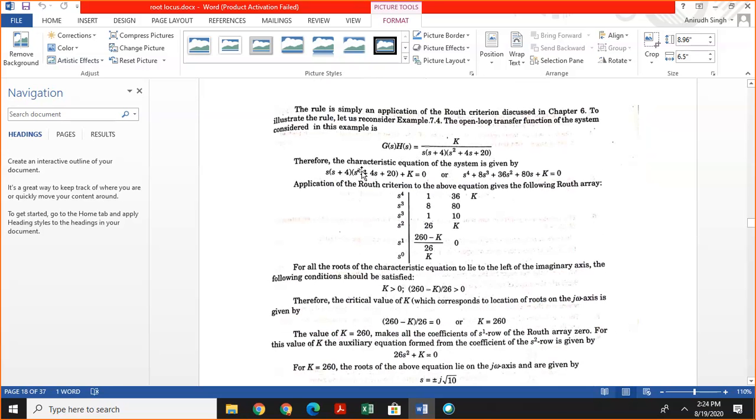G(s)H(s) is given by this. Find out the characteristic equation which is equal to 1 plus G(s)H(s), and 1 plus G(s)H(s) is given by this one. This is the characteristic equation.